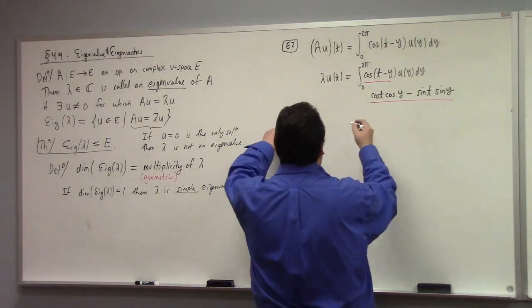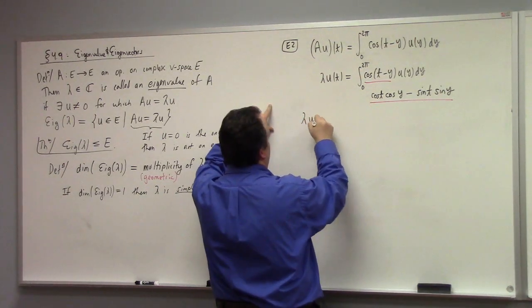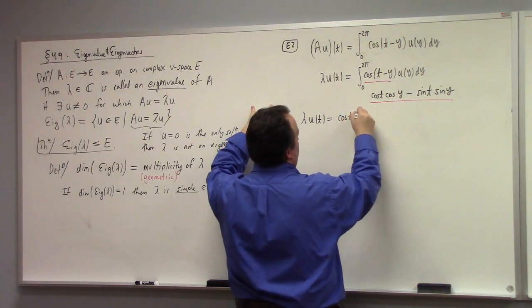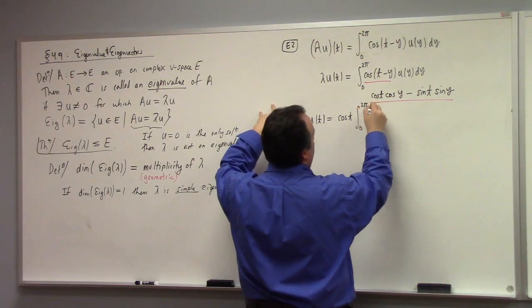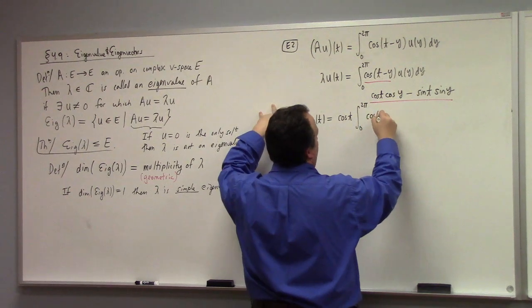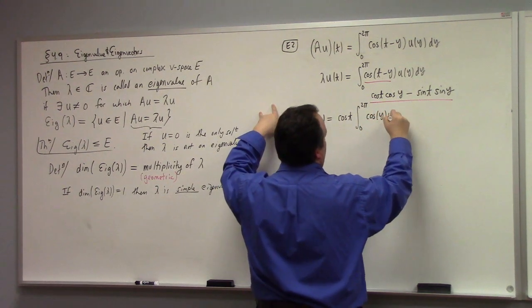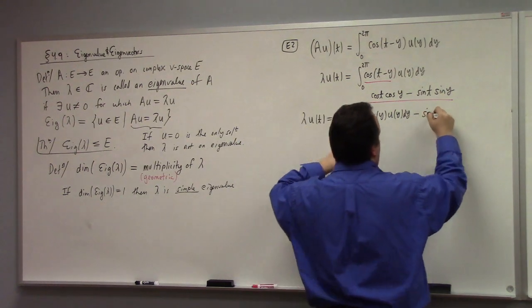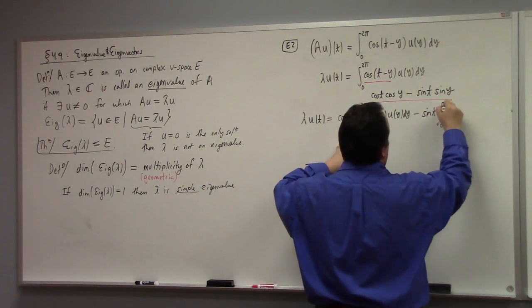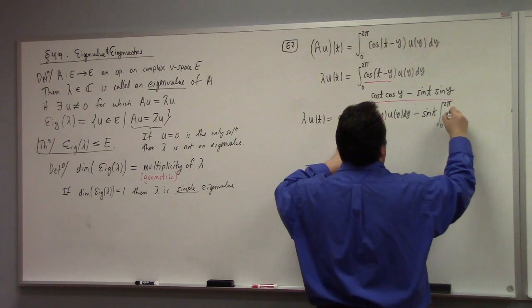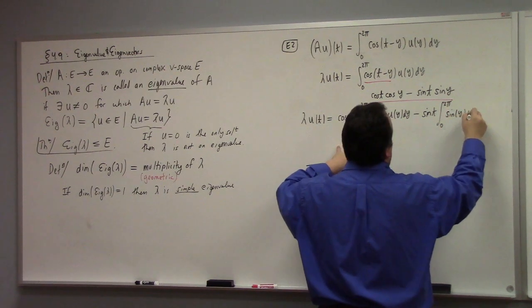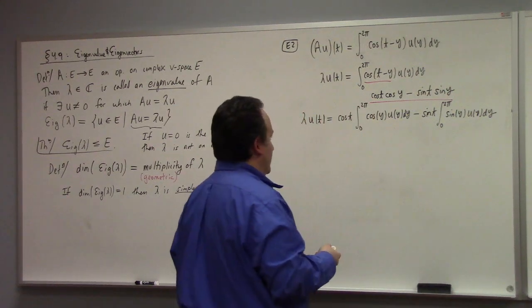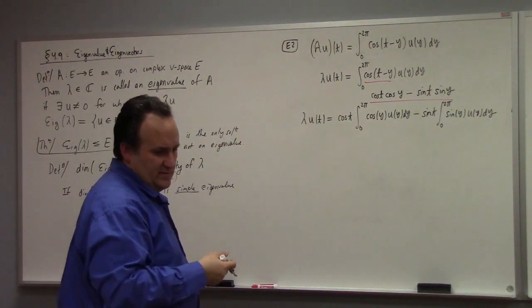So what you've got is lambda u of t equals cos t times the integral from 0 to 2 pi of cosine of y, u of y dy, minus sine of t times the integral from 0 to 2 pi of sine of y, u of y dy. I'm genuinely interested, how does he solve this equation?